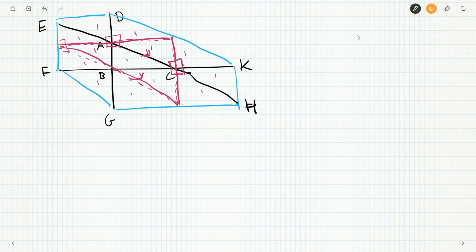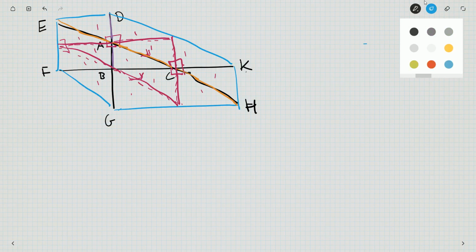Okay, so we know that AC is the same as CH, which is the same as AE. And we know DA is the same as AB. And look here, we've got an intersection of lines, so we'll use another color, this yellow.